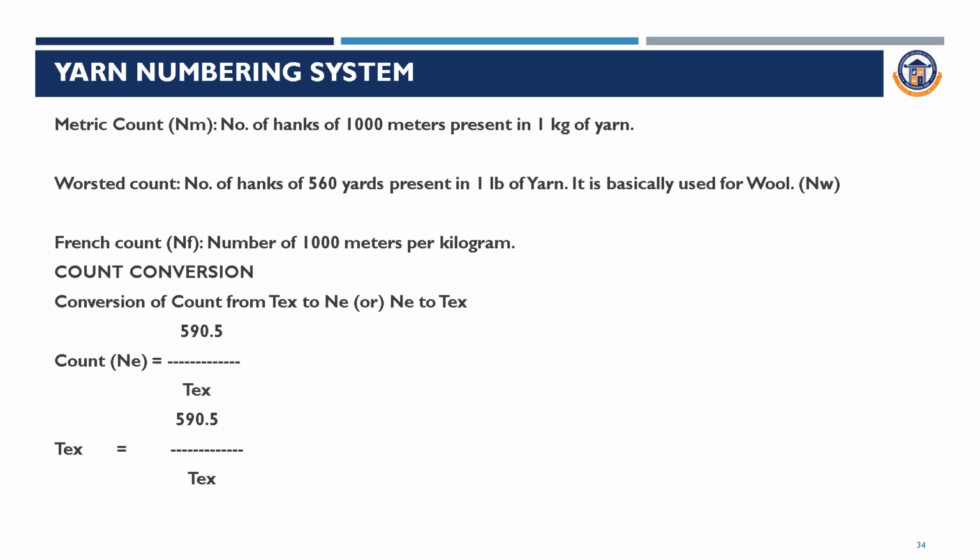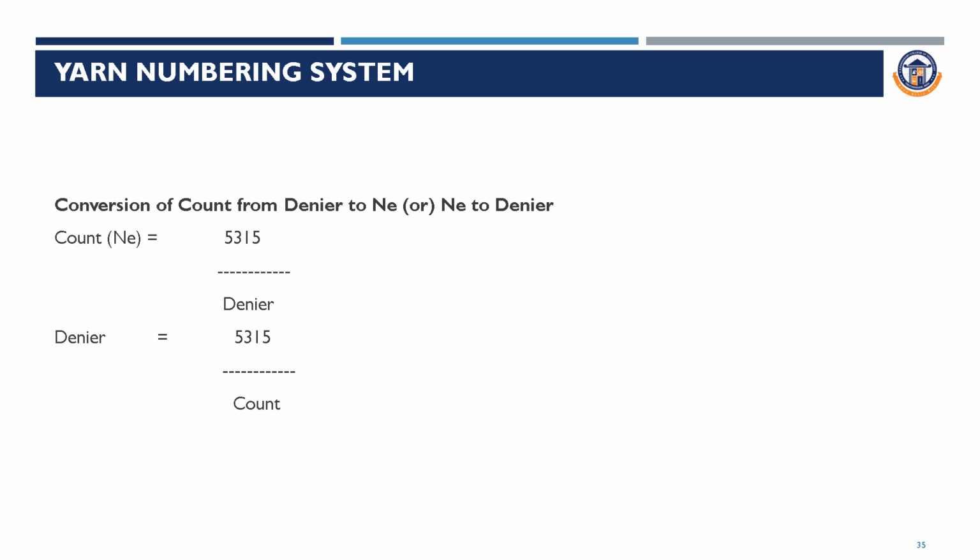Next, we see the count conversion. Conversion is from tex to denier and denier to tex. We use constant values. Count is equal to 590.5 divided by tex. It converts tex to count. Next, we convert count to tex: tex is 590.5 divided by count. Next, we convert count into denier or denier into count.